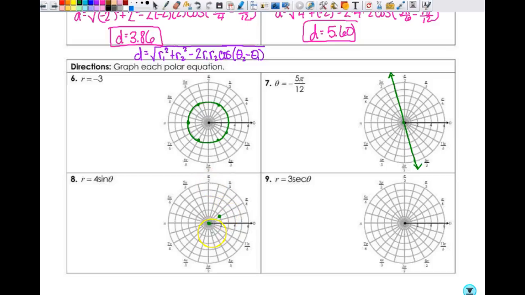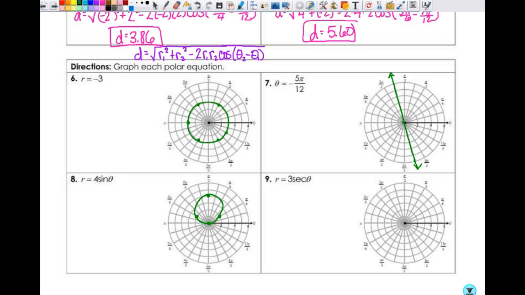So then I get to pi halves. The sine of pi halves is 1. Multiply that by 4, and I get a point right here. So my symmetry is clearly here, which means at 5 pi 6, I'm over there. And it's going to be a circle. You could plot some other points by estimating, but as long as you know it's going to be a circle and you make an attempt to make it look like a circle and not an egg or a football or a bloated whatever it is that I just drew, just attempt a circle and you're good.